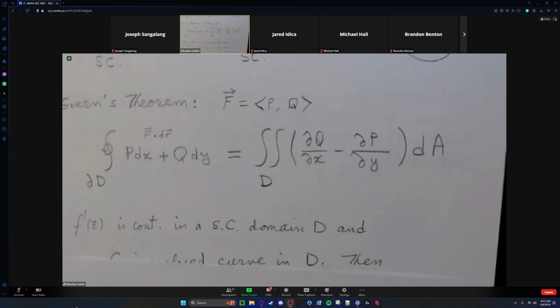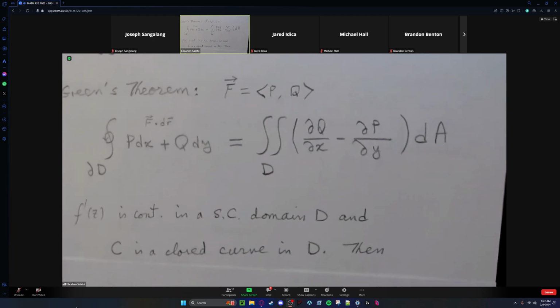So here comes Cauchy's theorem. Cauchy's theorem is for complex functions. It assumes that the derivative of that complex function exists and is continuous in a simply connected domain.